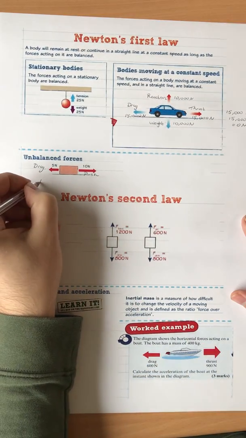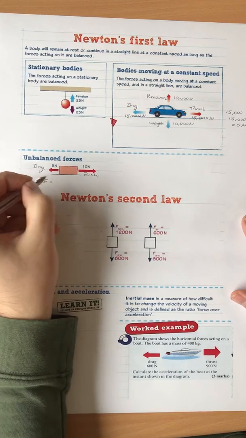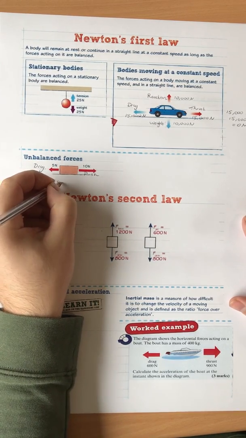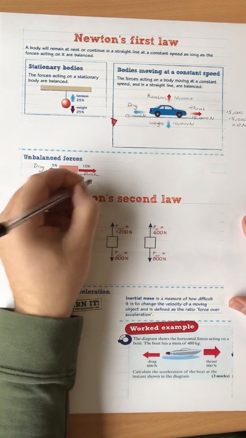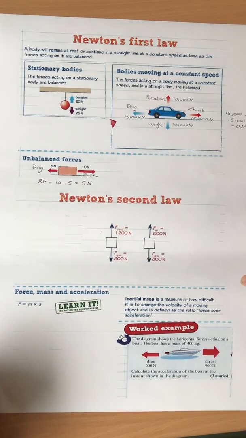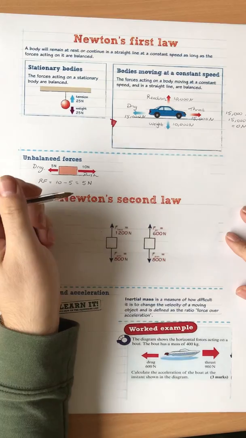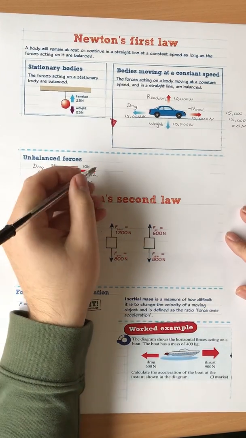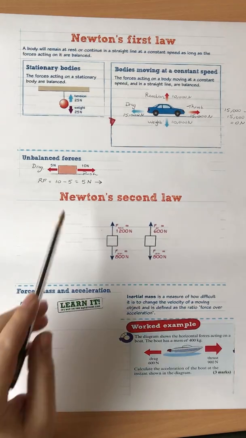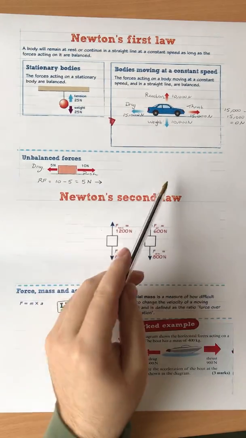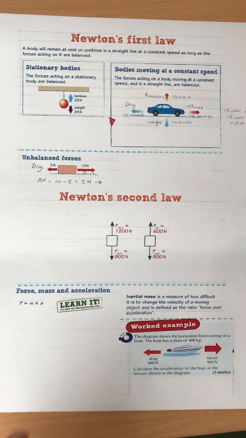The resultant force on this box is, you always take the larger number, subtract the smaller one, which is 5 newtons, and because force is a vector quantity, it has a direction, you must tell us where that extra 5 newtons is applied, which is to the right. Therefore it's got a resultant force of 5 newtons to the right, therefore the box will move towards the right.